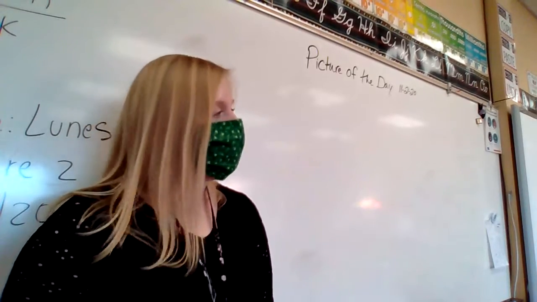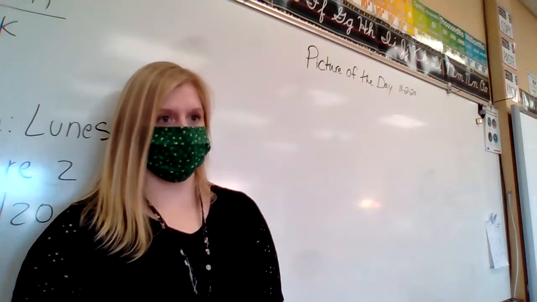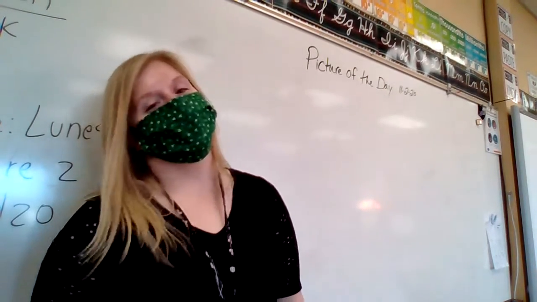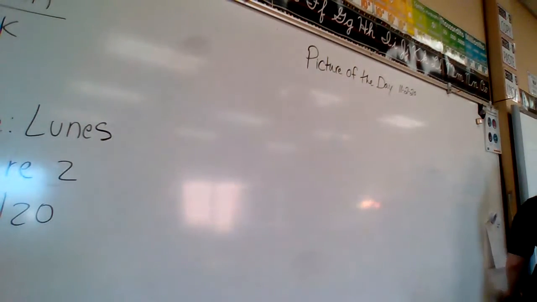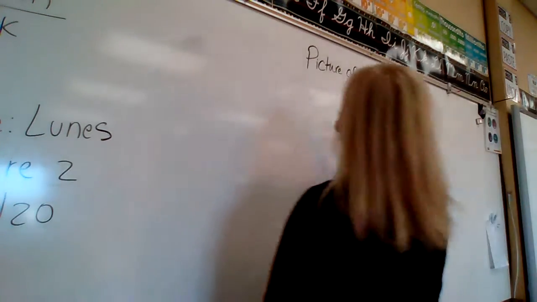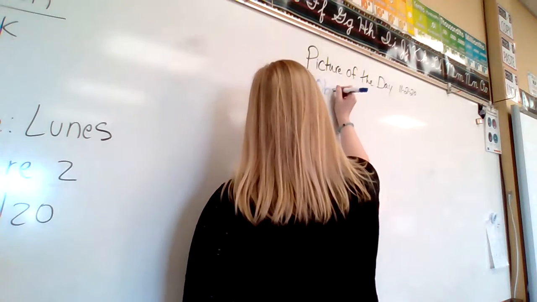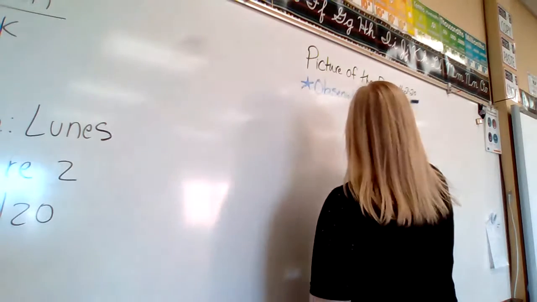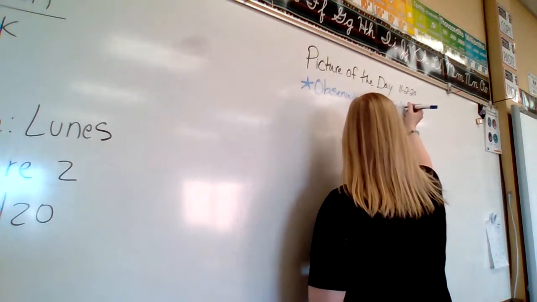All right, so we're going to go over, as a reminder, what we do for picture of the day. I know a lot of you have done it, but my new students, you guys haven't done this before. We're going to start by first talking about two words: observation and an inference.